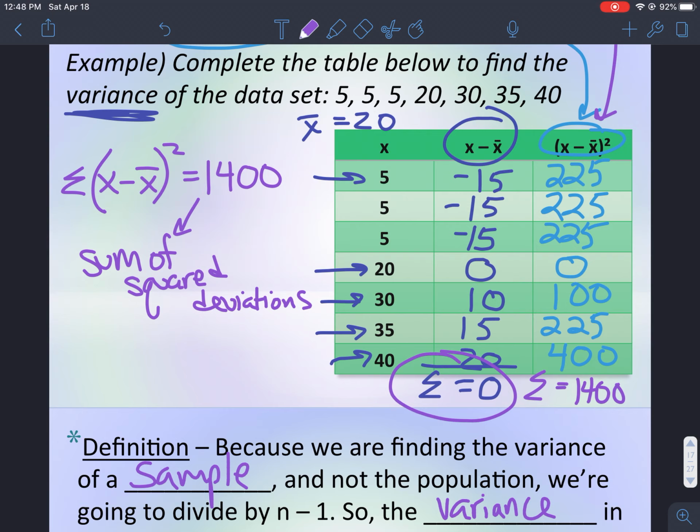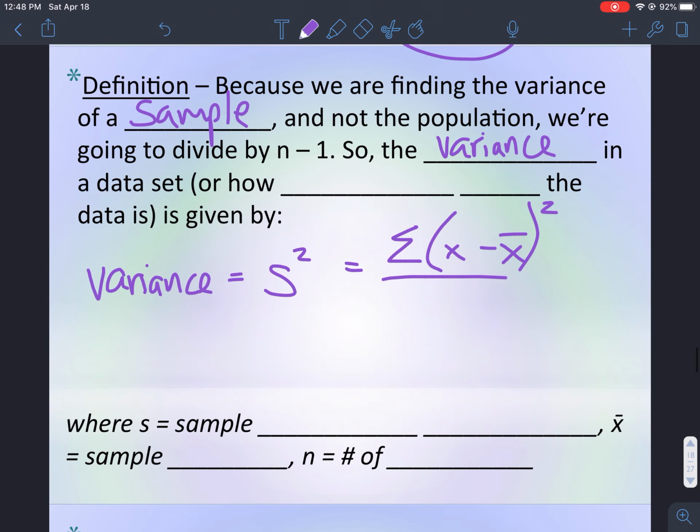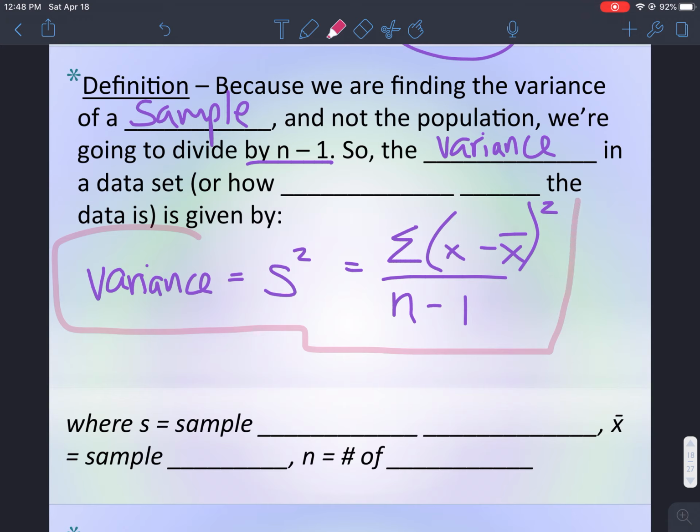So what we're going to do is divide by some number of values. But in this case, because it's the sample, we're going to divide by n minus 1. And this is the variance, a very important formula.